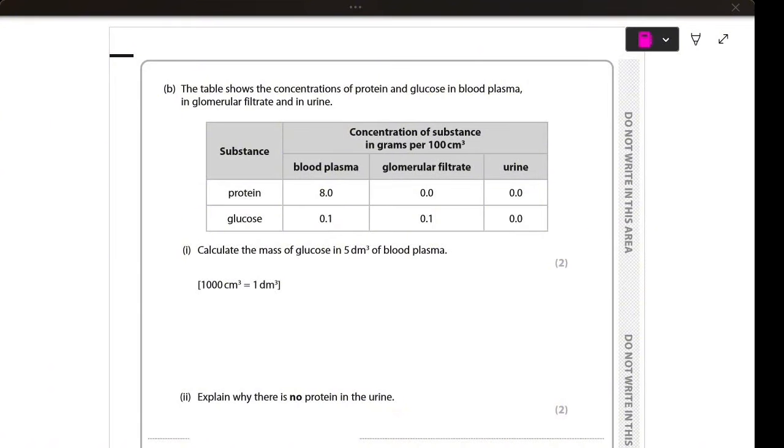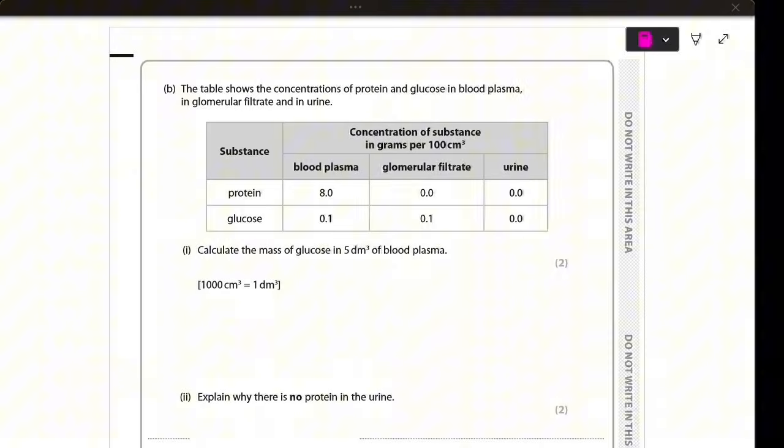Calculate the mass of glucose in 5 dm cube of blood plasma. In 1 dm cube, there are 1000 centimetre cube. And in our blood plasma, there is about 0.1 gram of glucose per 100 centimetre cube.